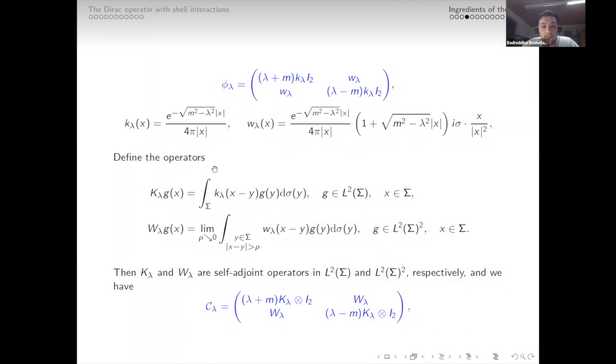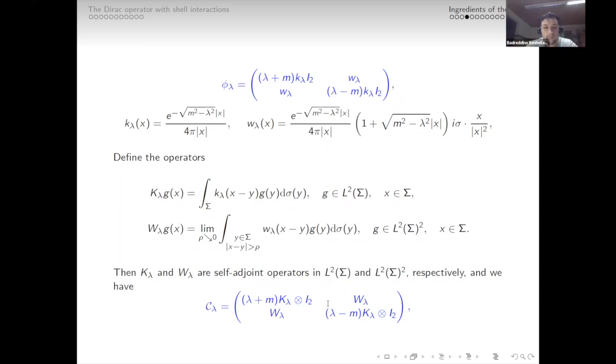Then we can define, say, the trace of the single layer potential, which acts on a function in L2 of sigma, and this matrix valued operator, which is defined again in the sense of principal value. So with the help of these two, which are in fact self-adjoint because of the self-adjointness of the Cauchy operator and bounded also, we may write this Cauchy operator in this matrix form. So in the diagonal, we have the single layer, and here we have the tensor product with the identity. And in the anti-diagonal, we have this singular integral operator.